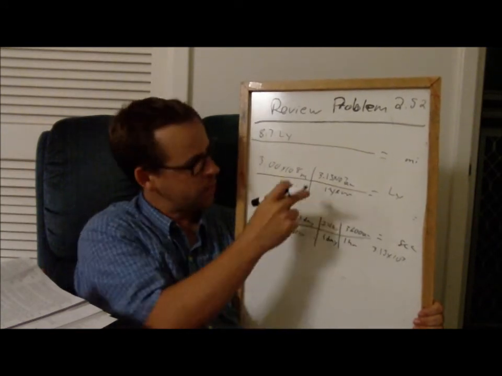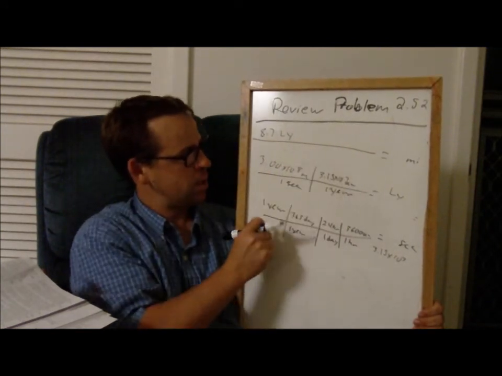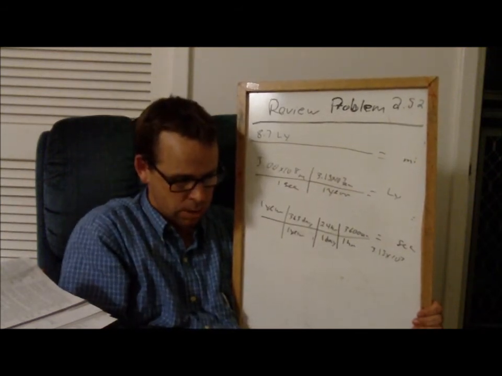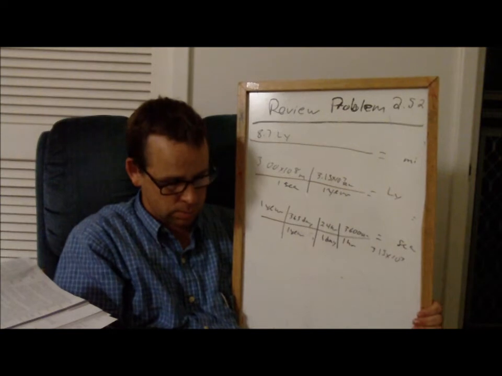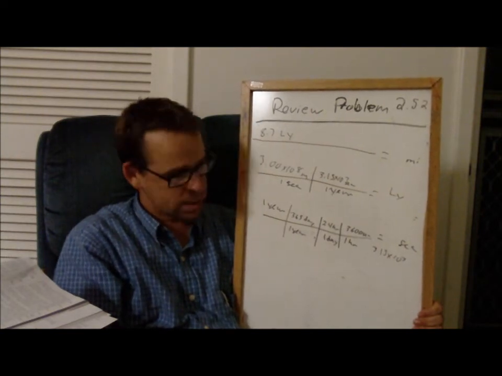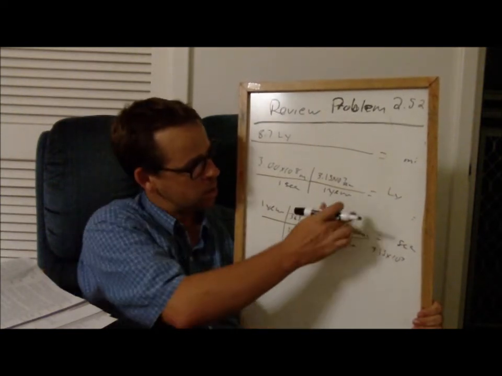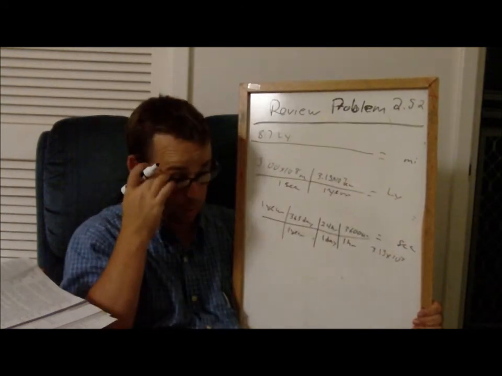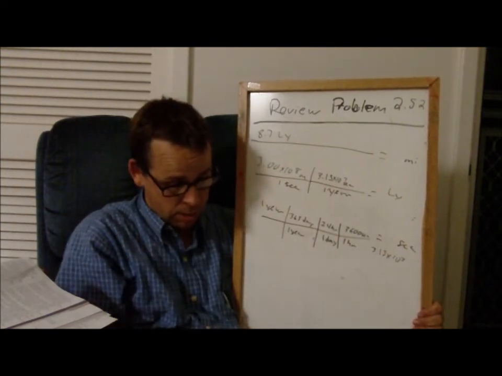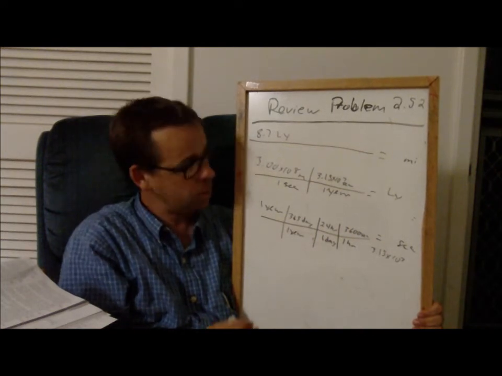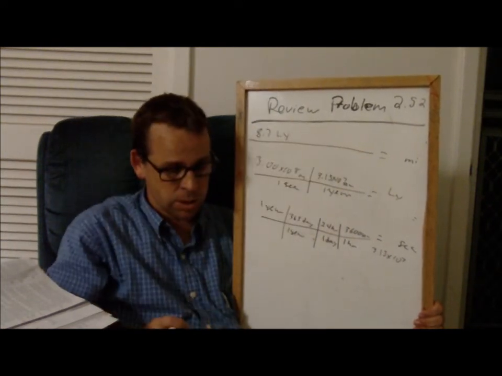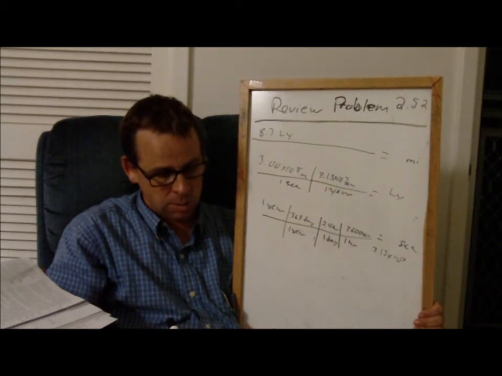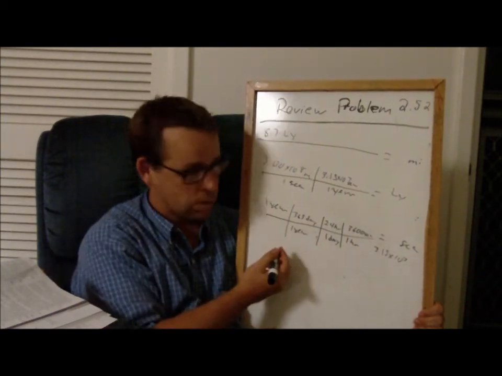So if we take this value, 3.15 times 10 to the 7th, multiply it by 3 times 10 to the 8th, that's how far light travels in 1 year. That's how many meters it travels in 1 year. Multiply that by 8.7 up here. That's how many light years it is away. And now we have 8.23 times 10 to the 16th meters. Alright?